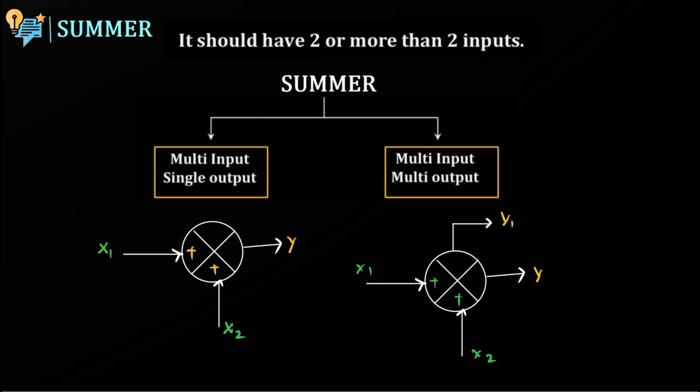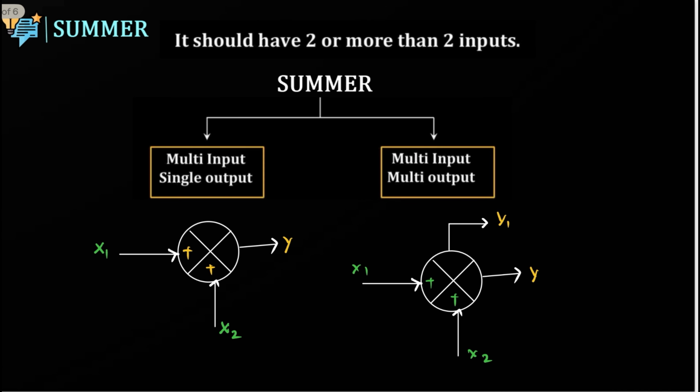Here is an example of multi-input single output: two inputs are coming into my summer block, and I have only one output. Here I have multi-input as well as multi-output. So this is multi-input multi-output, and this is multi-input single output.